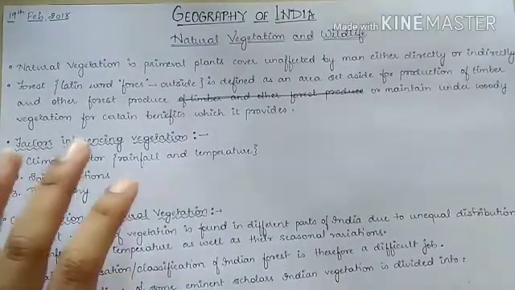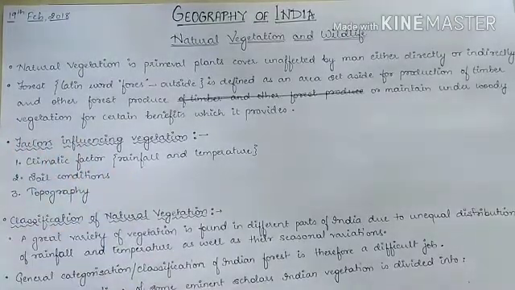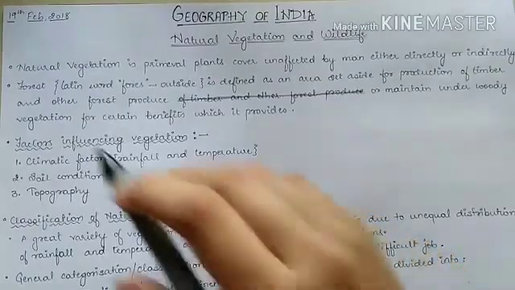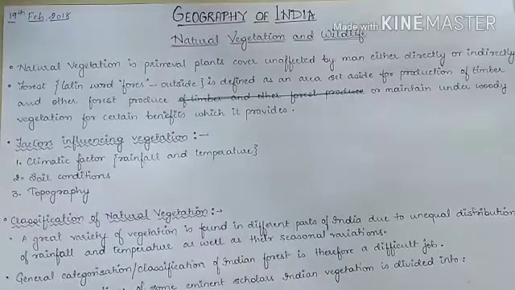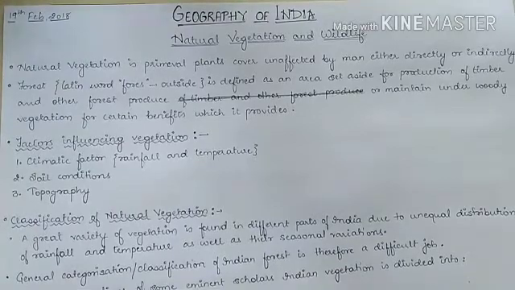So the forest is uninterrupted land and uninhabited land. If we simply define forest, forest is an area set aside for production of timber and other forest produce or maintained under woody vegetation of certain benefit which it provides. So that is basically forest.